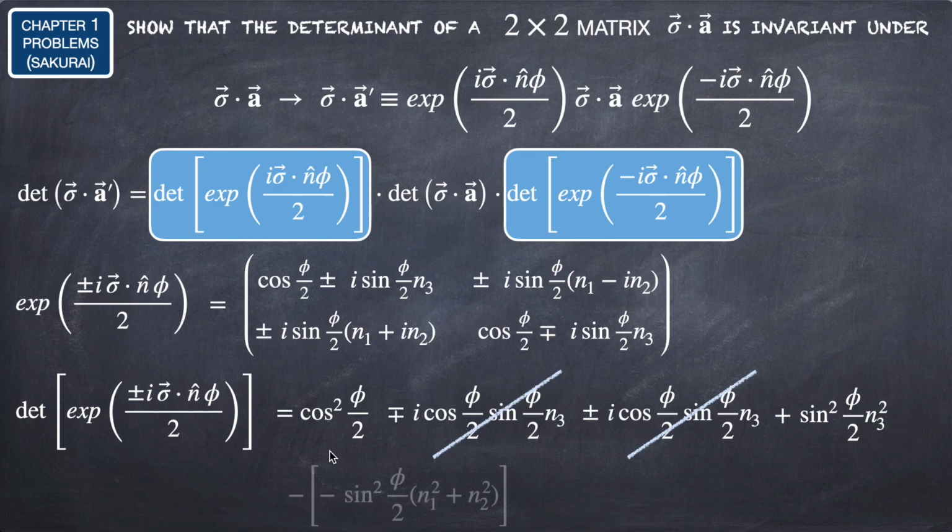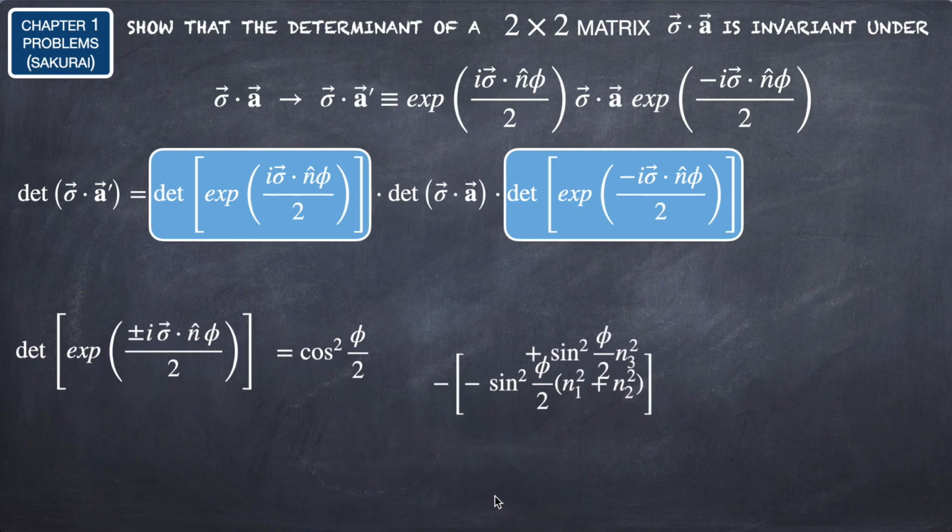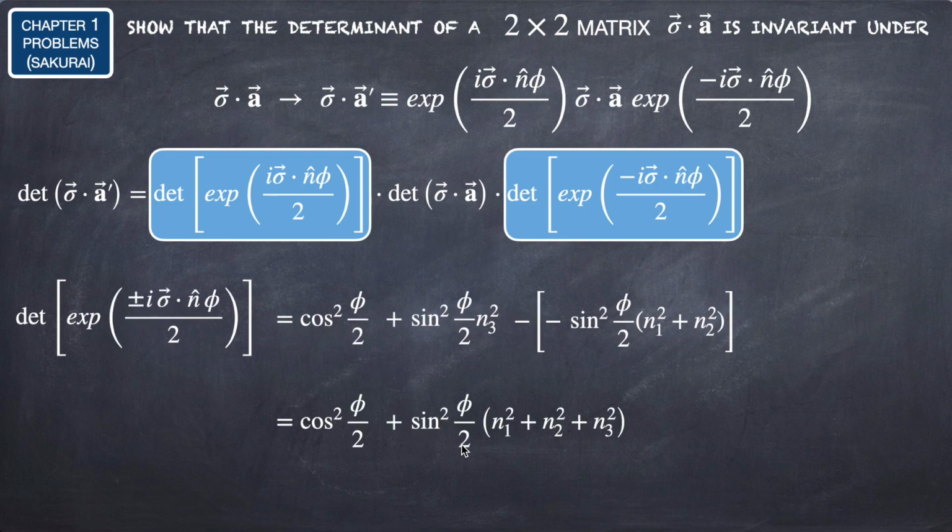And then minus the product of these two terms, which will be negative of sine squared of phi over 2, and then this term multiplying this term, which will be n1 squared. The cross terms will cancel out, and then minus I times I will be positive n2 squared. Great, so sine squared of phi over 2 multiplying n1 squared, positive sign, plus n2 squared plus n3 squared.